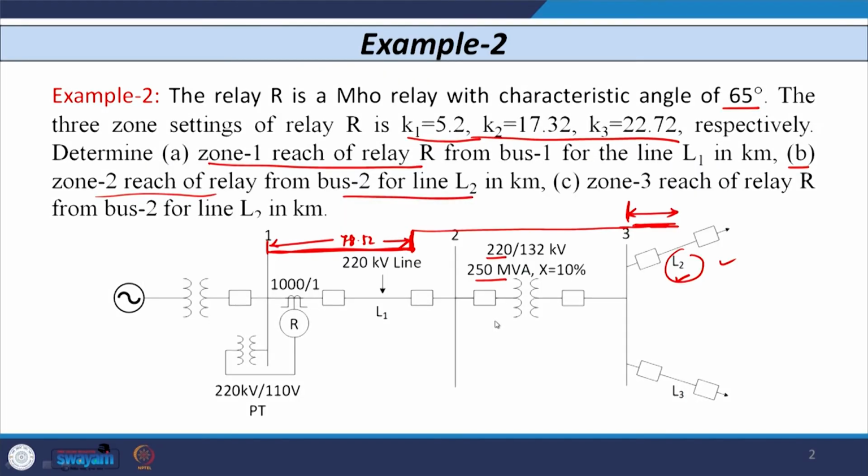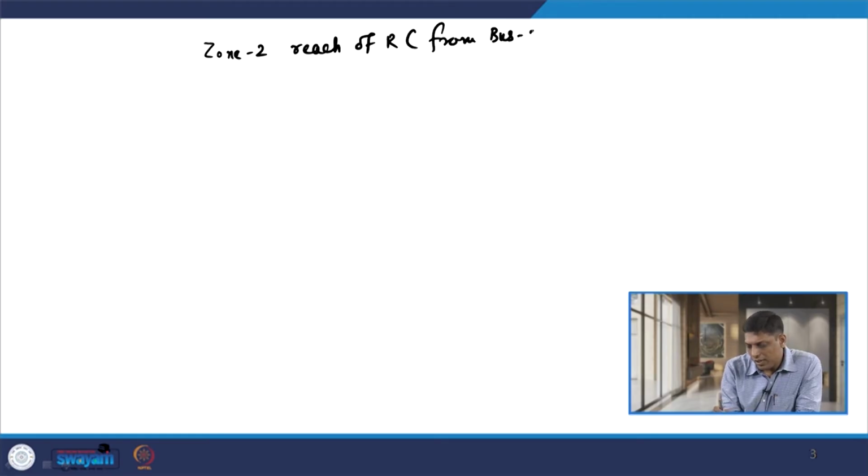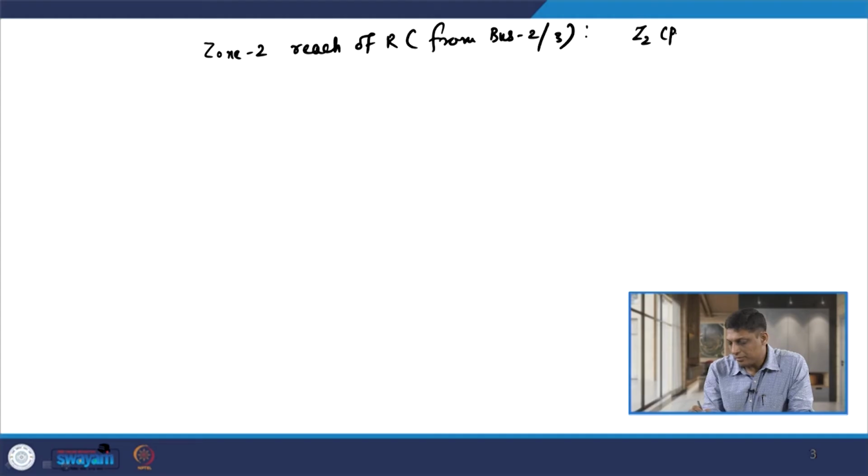So, if I just find out the zone 2 reach of relay R from bus 2 or 3, both are same, then that will be equal to Z2 primary minus ZL1 plus ZT. So, that we need to subtract, so that we can find out its reach from bus 2 or bus 3.